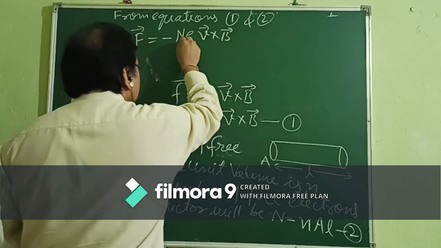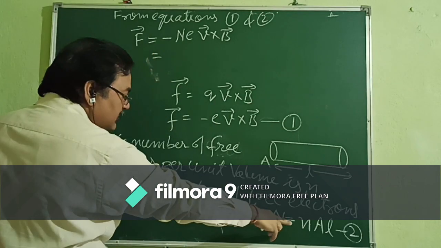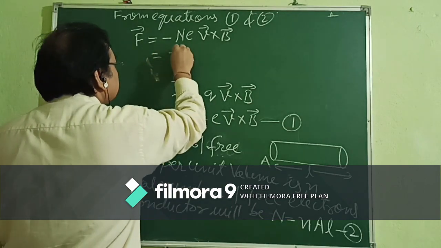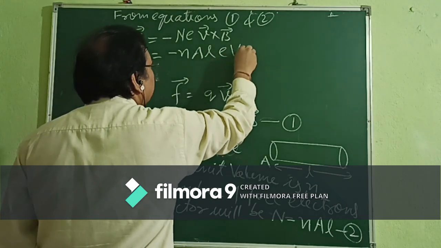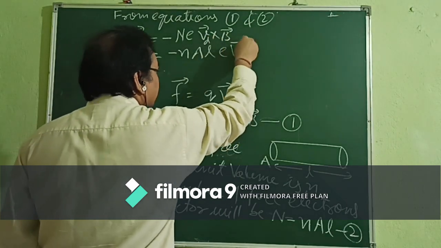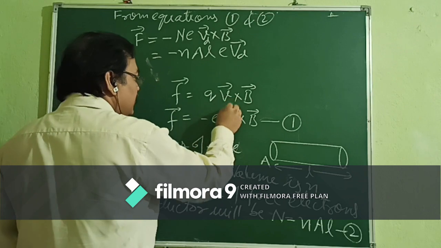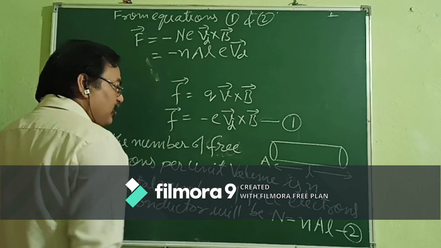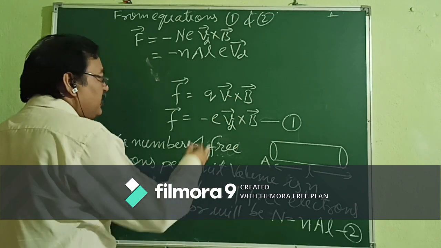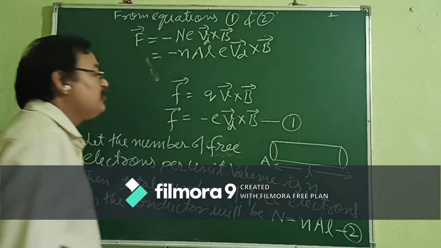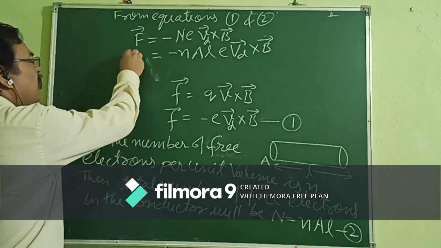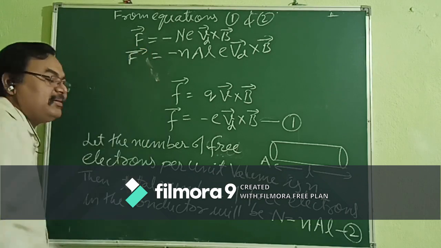But what is capital N? From equation 2, it is nAL, and this velocity is V_D, the drift velocity in the case of the electron. So we get F = -nALe (V_D cross B). That is the net force acting on all the free electrons present in that conductor.